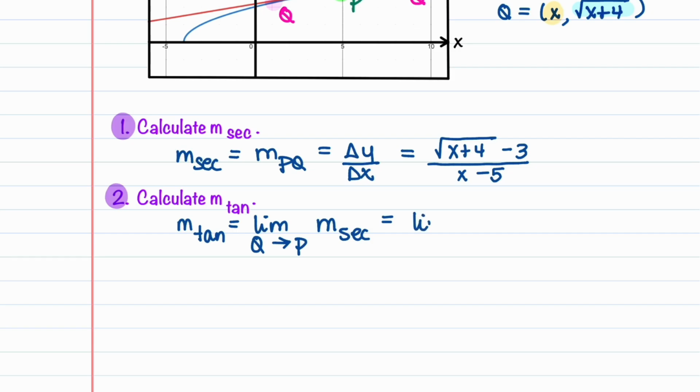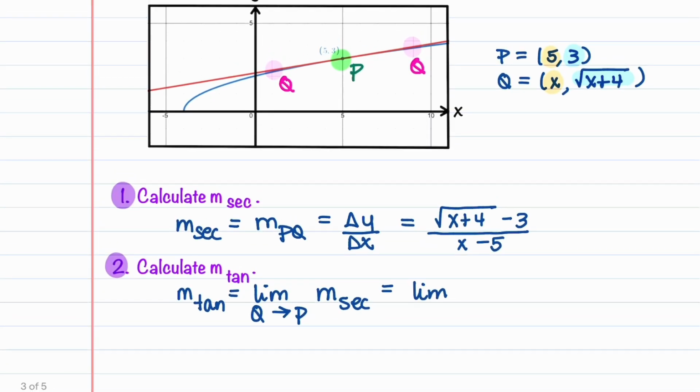So this is the limit as the x coordinate of point Q, which is x, goes to the x coordinate of point P, which is 5, of the slope of the secant line. And now we just copy down the formula we just found: the square root of x plus 4 minus 3, all divided by x minus 5.